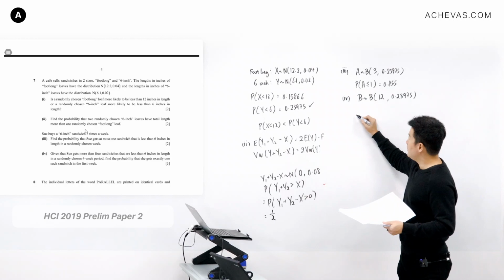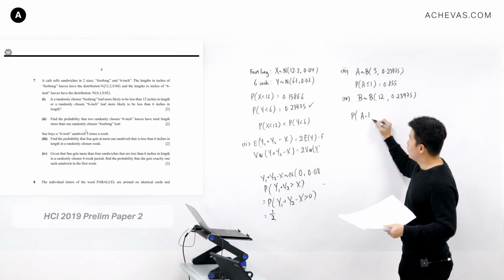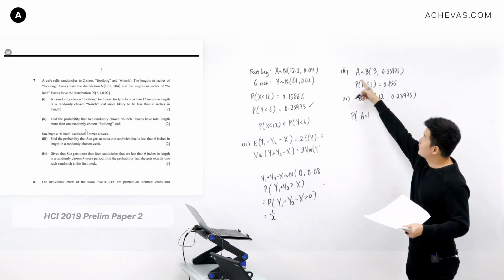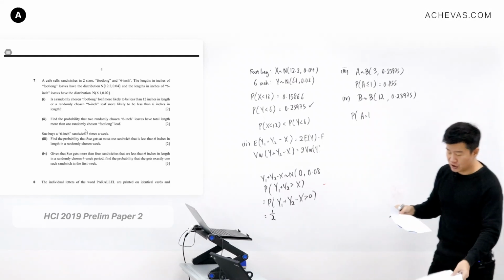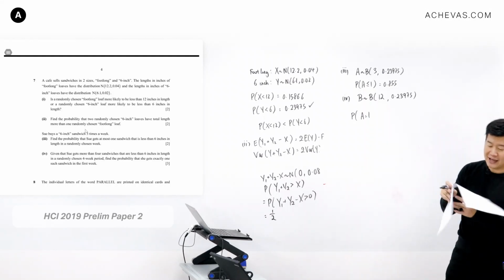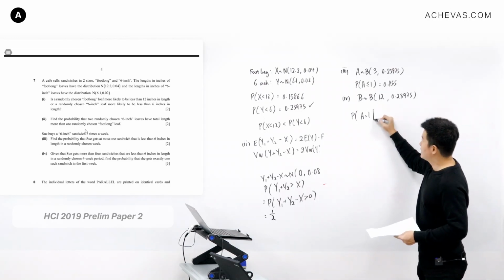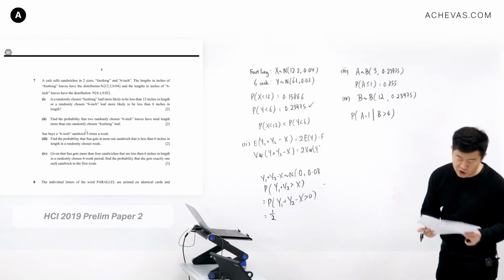So we are looking at a conditional probability where A is equal to 1. A is for the first week, so she will get exactly 1 such sandwich in a week. Probability that A is equal to 1, given that in 4 weeks, she must get more than 4 such sandwiches.